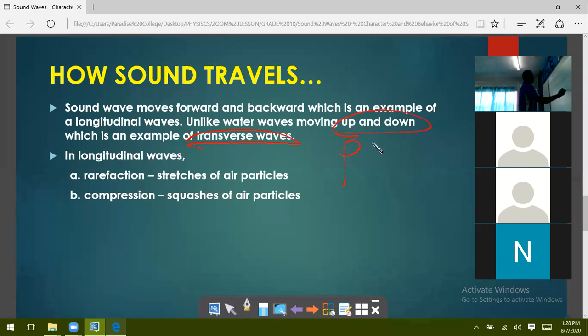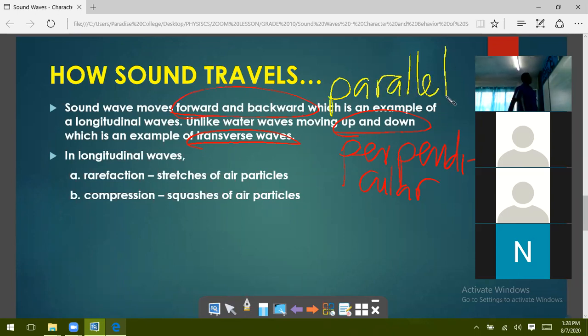Perpendicular. Forward and backward means parallel. Right.